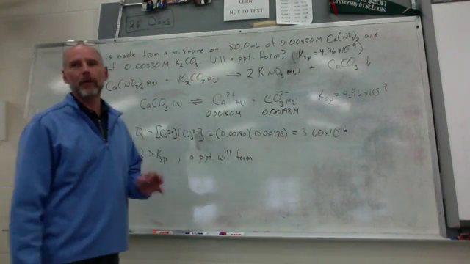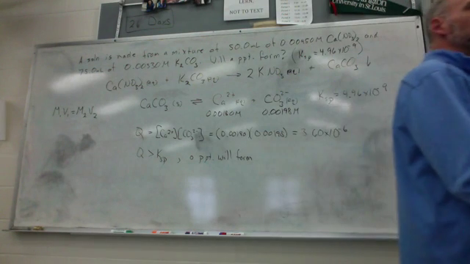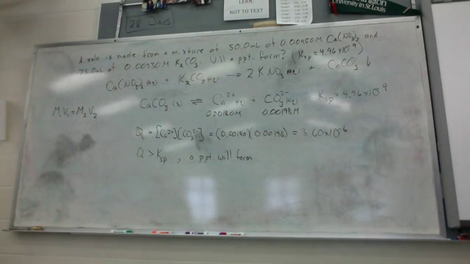How would we go about determining how much would precipitate? Subtracting the Ksp from the Q? No, that's just the relationship between their equilibrium positions.